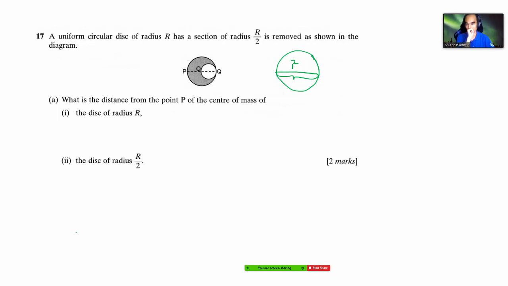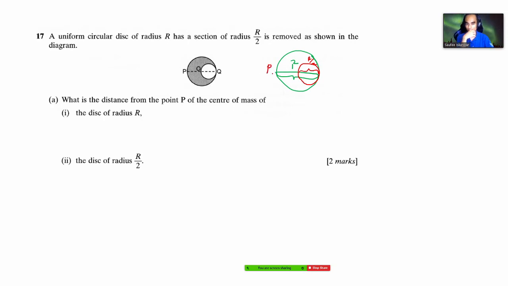There's a hole inside this disk, and the radius of the hole is r divided by 2. What is the distance from the point P?